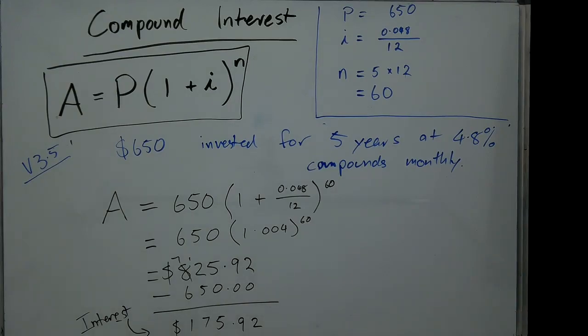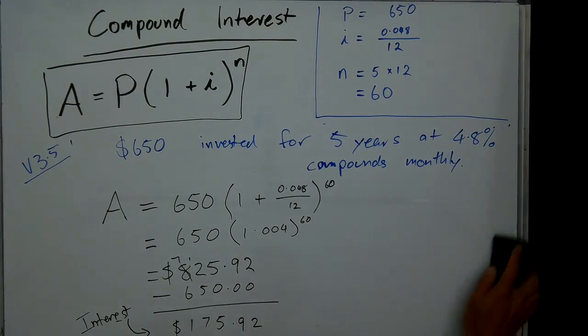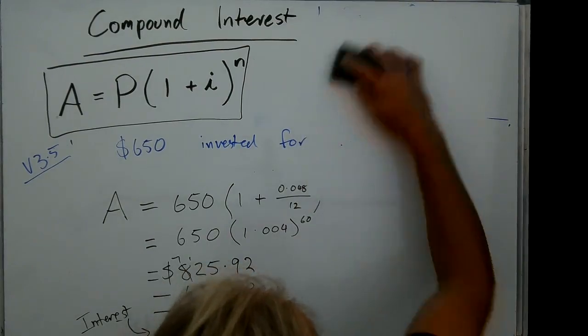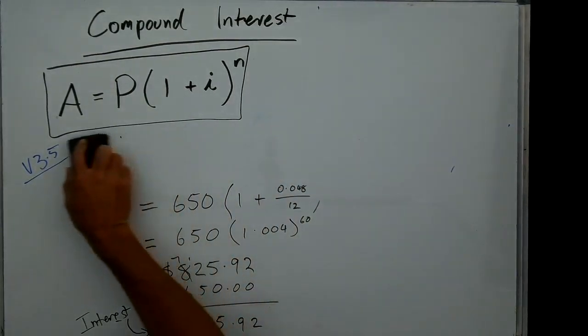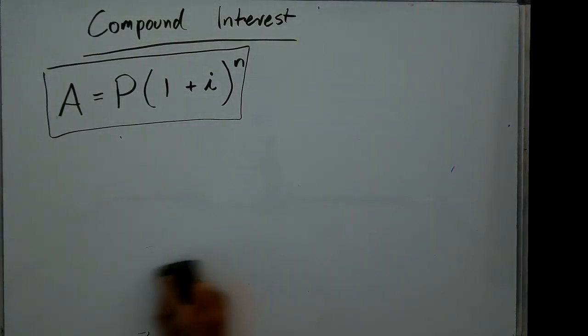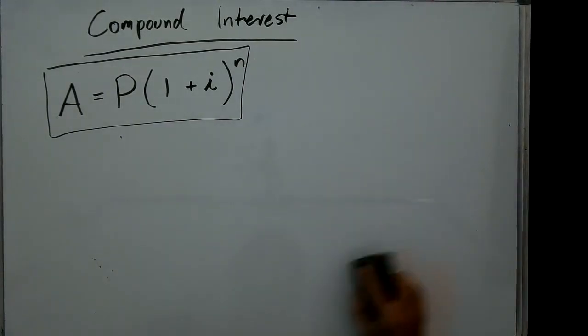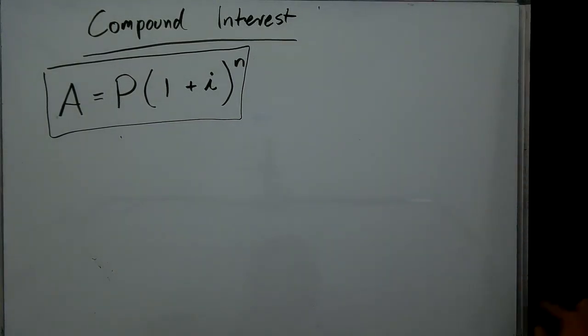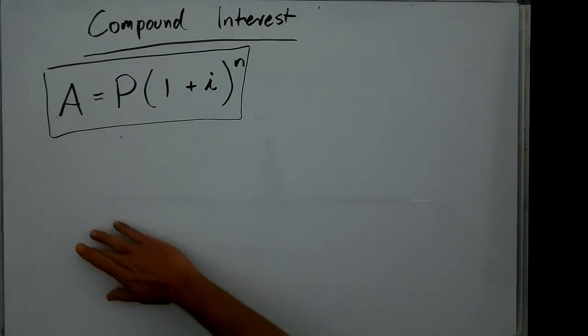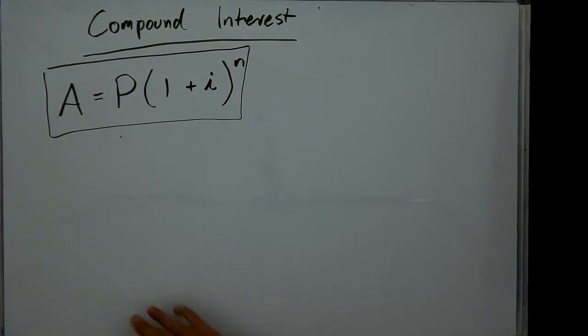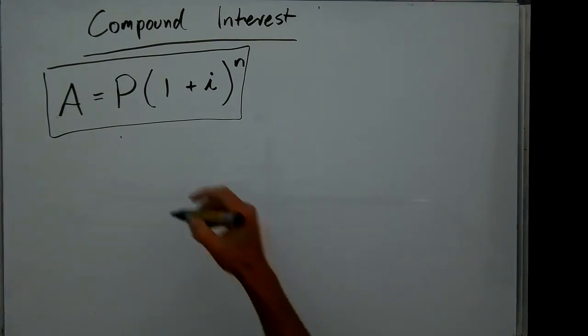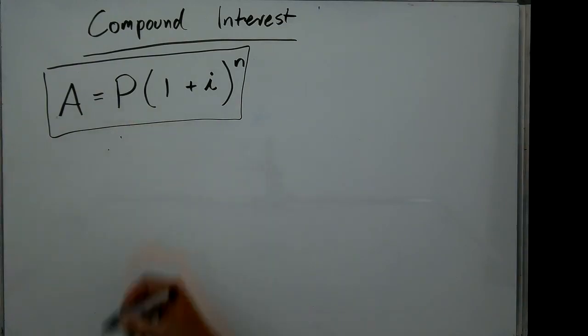Okay, so let's have another question, and this question asks us to calculate 2 separate situations comparing different compound periods. So hopefully you'll see the way things work out. So in account A, do it in blue.